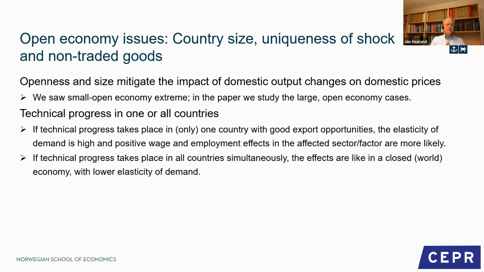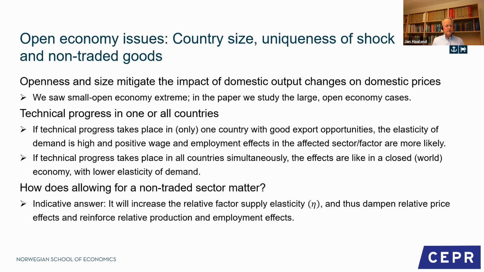Technical progress is also important. If it takes place in only one country, and if this country has good export opportunities, then it's more likely to see positive employment and positive relative wage effects from factor augmentation. Of course, if technical progress takes place in all countries simultaneously, then it's like a closed economy with a lower elasticity of demand.